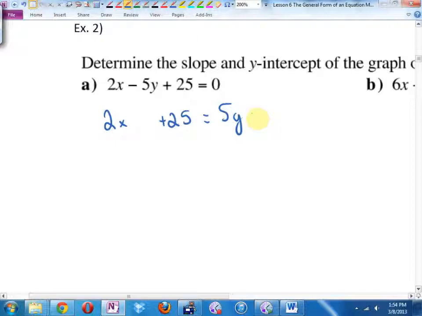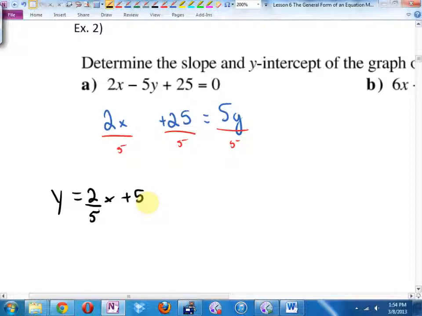Now what? Now Jordan is right. Divide by 5, divide by 5, divide by 5. Final answer, y equals 2 over 5x plus 5.